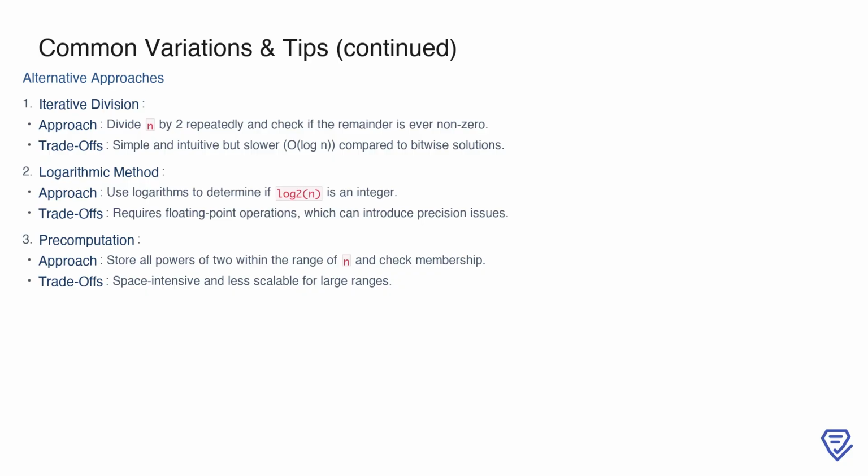While this method is mathematically sound, it relies on floating point operations, which can introduce precision errors. A third option is pre-computation, where you store all the powers of 2 within the range of n and check if the input exists in this set. While this can be useful for specific scenarios, it is space-intensive and doesn't scale well for large ranges. Each of these methods has its trade-offs, and understanding when to use them is key to writing efficient and reliable code.